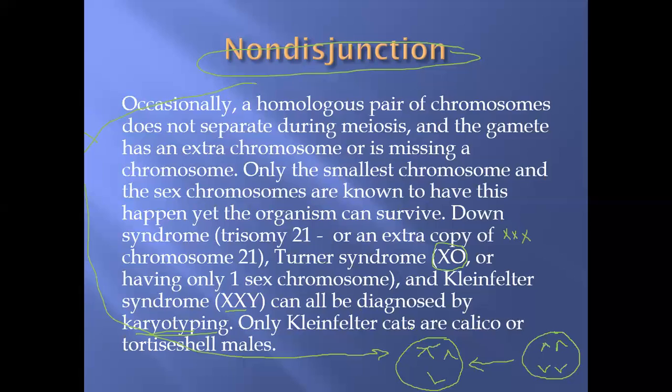Only Klinefelter cats can be calico or tortoiseshell male. So we already talked about that, so I'll just skip over it for now. So these are some things that can happen with non-disjunction, just meaning the chromosomes didn't divide evenly. So we have either a whole chromosome, or a piece of a chromosome, that is not where it belongs.